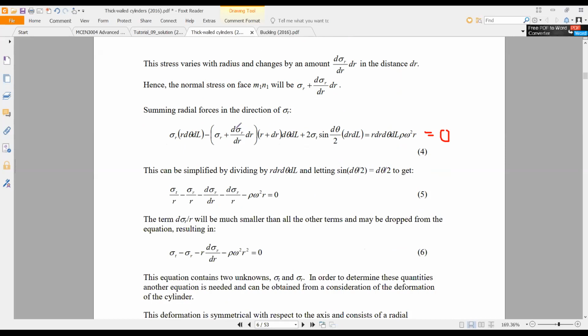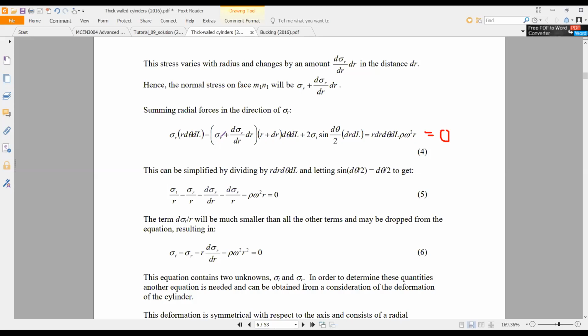So then we can simplify. If you divide this one by r, dr, d theta, dl, what happens? r, d theta, dl will be cut off and only dr remains. And then here you can expand this one, or you can cut off d theta, dl, and there is only r, dr. Then r will be cut off due to expansion.